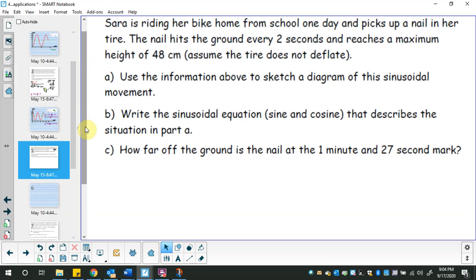So, doodle time. So here's her tire. And if the nail is here versus here, there's enough information in the question to say that, well, she picks it up off the ground, so that's the 0 mark, and the minimum height is 0 centimeters.